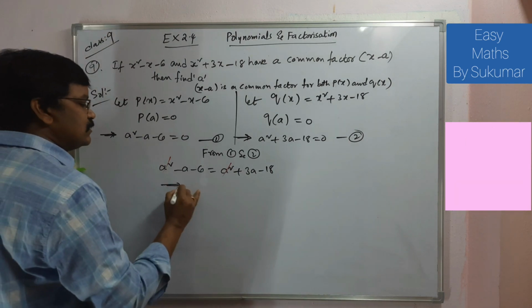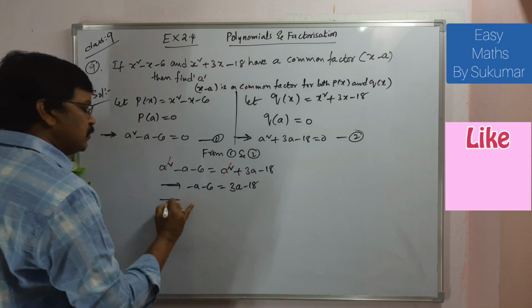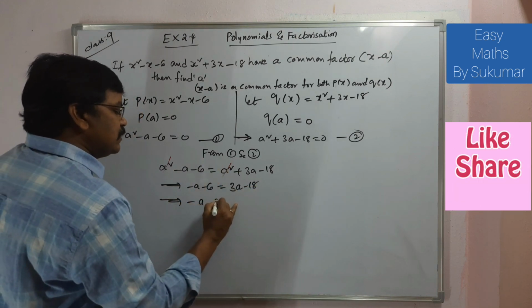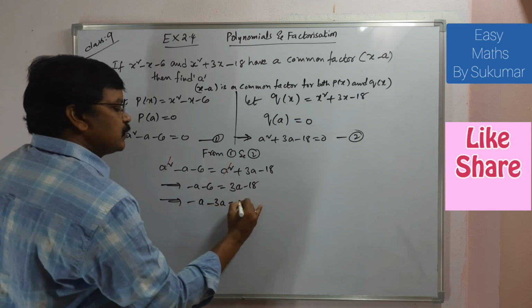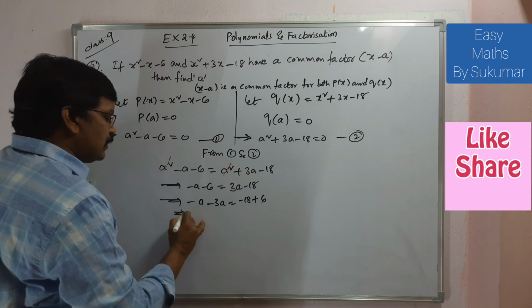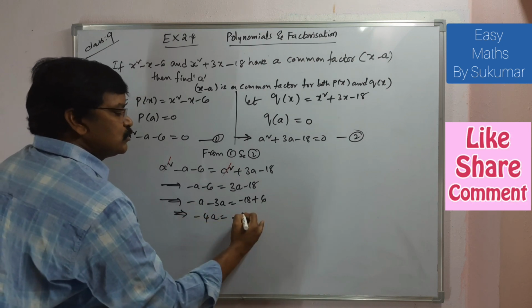Now this implies minus a minus 6 is equal to 3a minus 18. Collect the variables to the left hand side: minus a minus 3a is equal to minus 18 plus 6. This implies minus 4a is equal to minus 12.